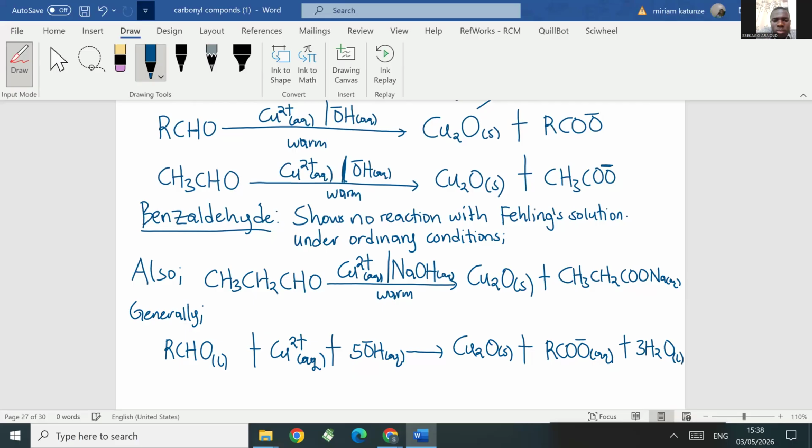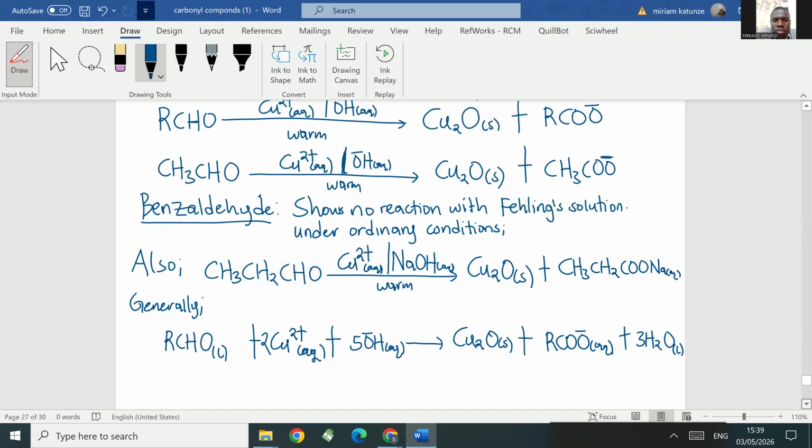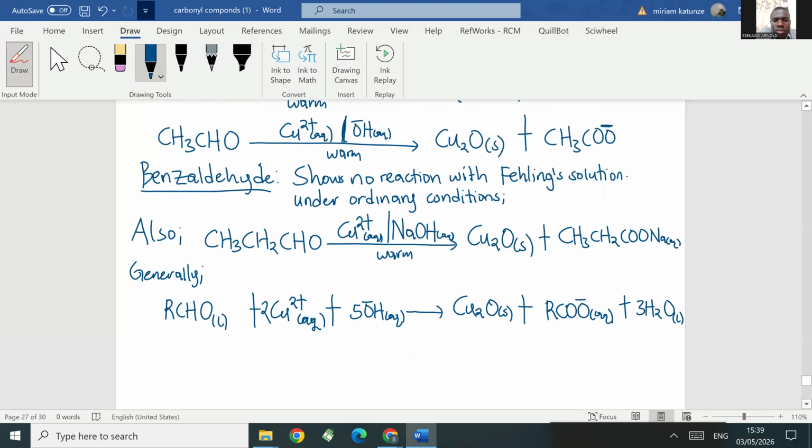If I put 3 moles of water, look at the hydrogens on the left: there are 6. Also on the right, there are 6. Copper, I needed 2 here. There are 2 coppers, also on the right, there are 2. Now it balances. So generally, that's how we can use Fehling solution. As of now, allow me first to stop here.